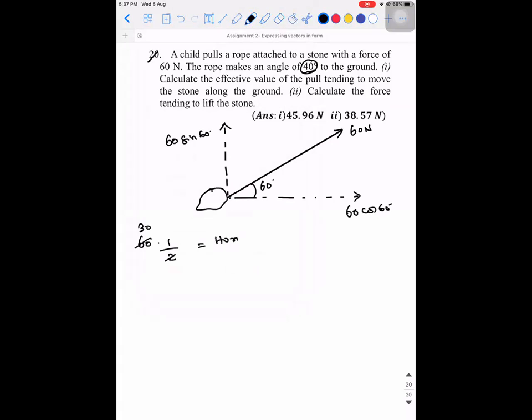So the horizontal component, the one responsible for pulling it along the ground, is 30 Newton. Along the vertical will be 60 into root 3 by 2, that will be 30 root 3. This is tending to lift the stone. Are you clear with both?